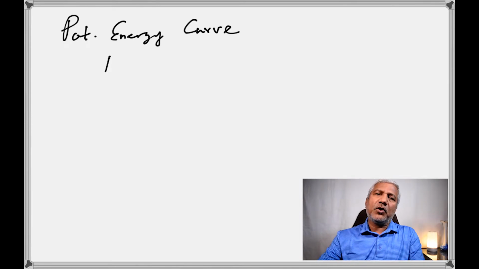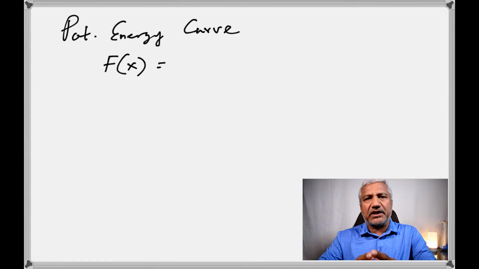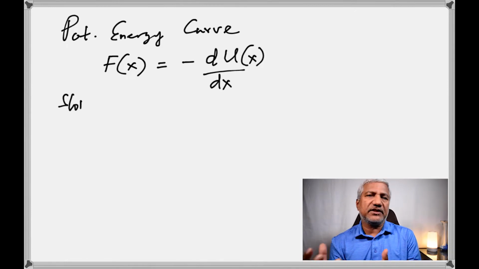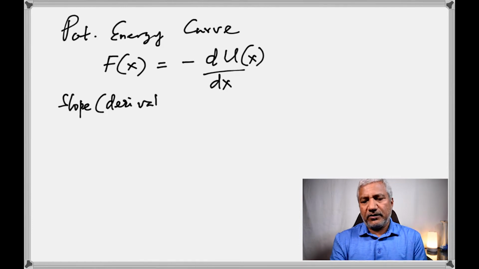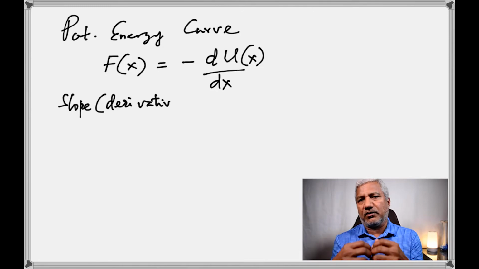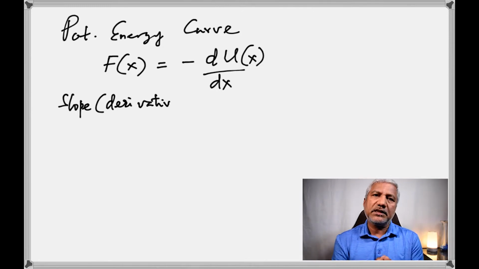And finally, the most important of concepts is how to get the force from a potential energy curve. Now, potential energy curves are important whether it's in the atomic world or in the macroscopic world.